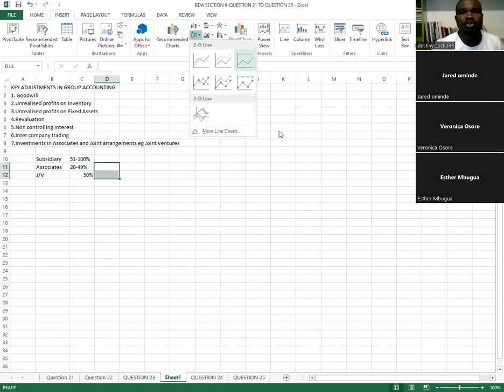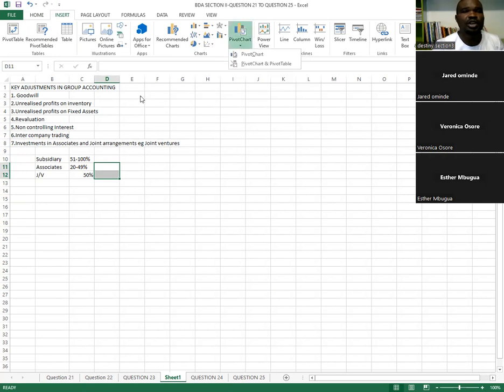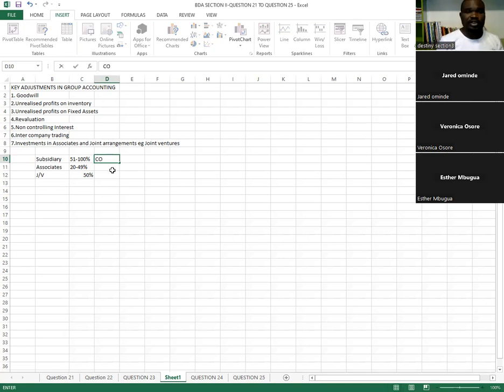The parent has no control in those entities, and therefore, where you don't have control, you are not supposed to consolidate. Consolidation means the acquirer, which is the parent in this case, has the mandate to consolidate. So the parent only consolidates for the subsidiary.